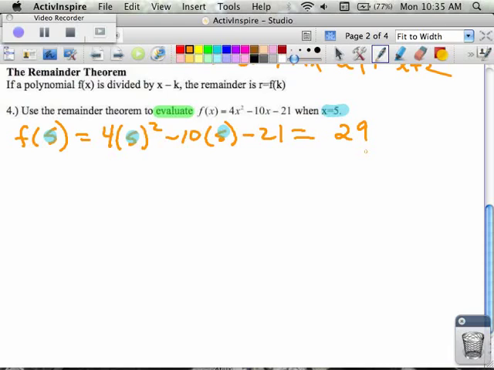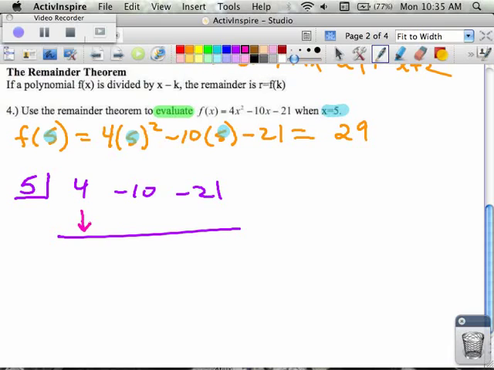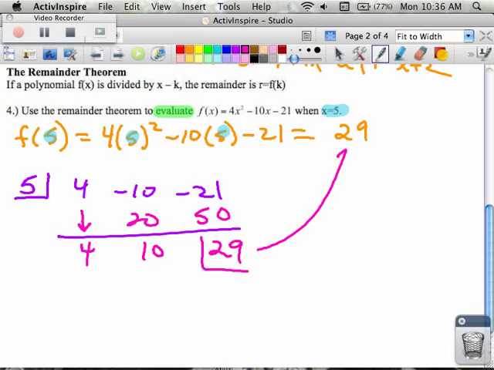So this is one way to think about it. The reason I'm bringing it up right now, here's another way. So two ways to think about this.